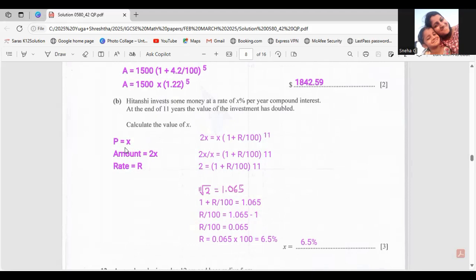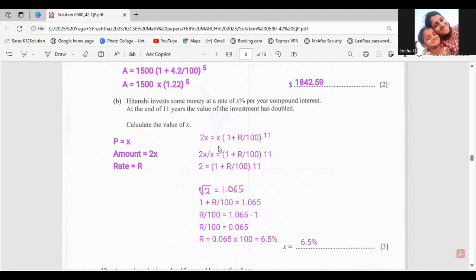And the amount now doubles, so what you get as amount after the compound interest is 2x. Rate of interest we will assume here as R. After substituting all of these things in the given formula, amount is 2x, principal invested was x, 1 plus R upon 100 to the power of 11 because it is invested for 11 years.